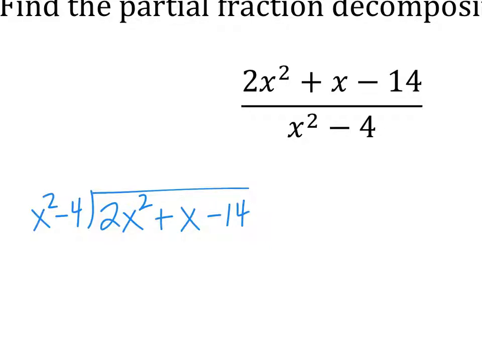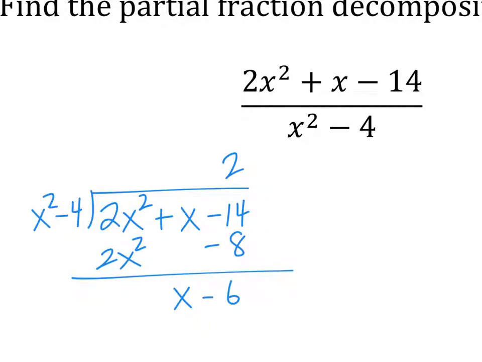Okay, so x squared goes into 2x squared how many times? 2, so that goes there. 2x squared minus 8. That is x minus 6.